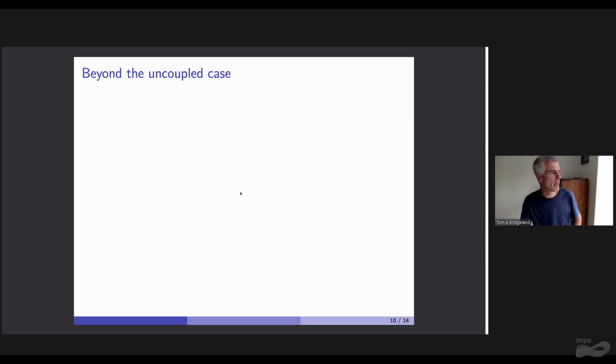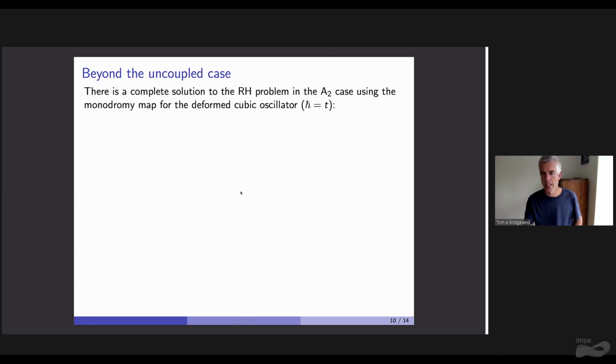So what about beyond the uncoupled case? I just want to briefly say this, to see if it links to anything anyone knows. In work with Davide Masoero, we solved the Riemann-Hilbert problem in the A2 case. So precisely that setting where I described the wall crossing formula.